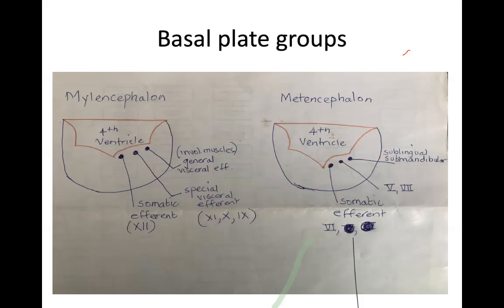And these three groups, somatic efferents will give off the abducent nerve, special visceral efferent 5 and 7 nerve, which means trigeminal and facial, and general visceral efferent will go to give involuntary muscles or give supply to the sublingual and submandibular glands, the salivary.